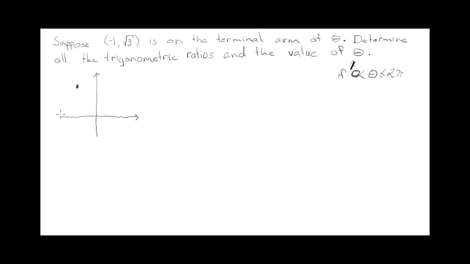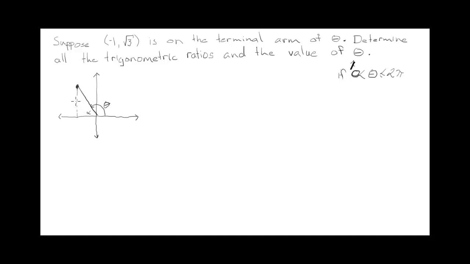So (-1, root 3) would be in the second quadrant. So we've got a terminal arm here. The angle is going in this direction. The right triangle you're going to be looking at is the one created by the related acute angle here, not theta itself.